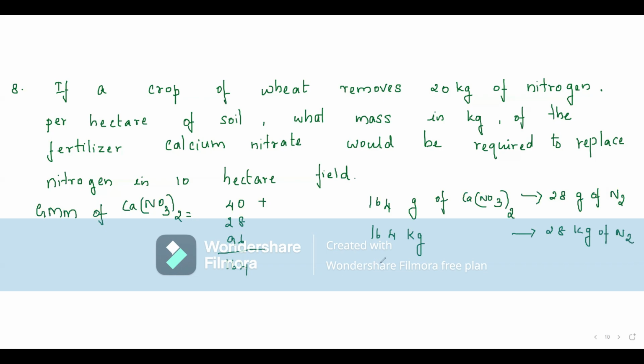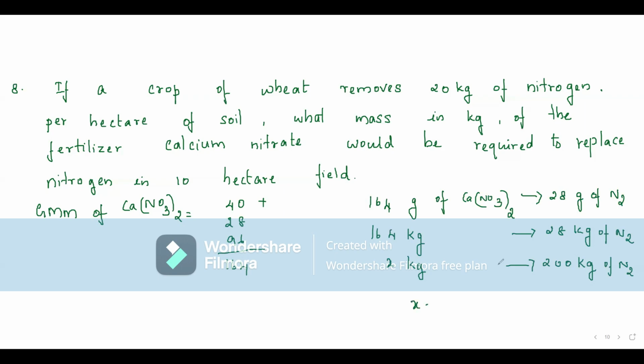But here you will have to take X kilogram of calcium nitrate so that you will produce 200 kilograms of nitrogen. You need to give back to the soil 200 kilogram of nitrogen.